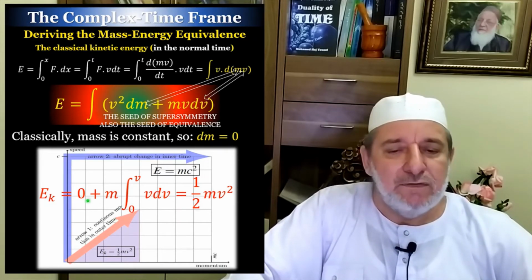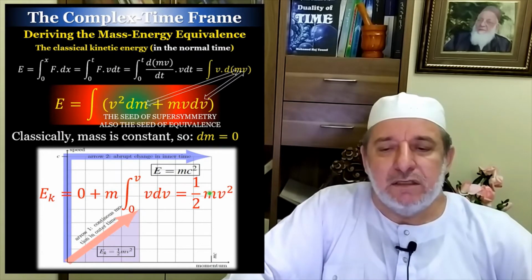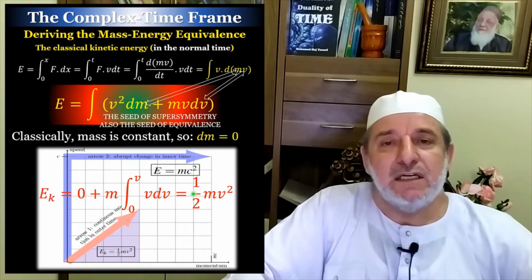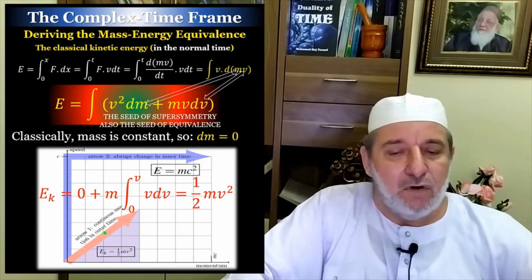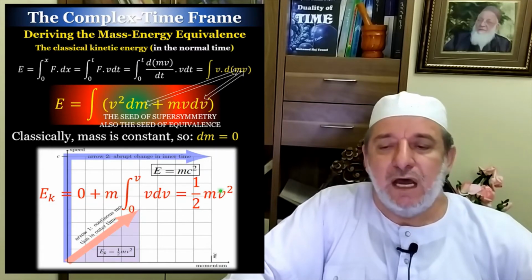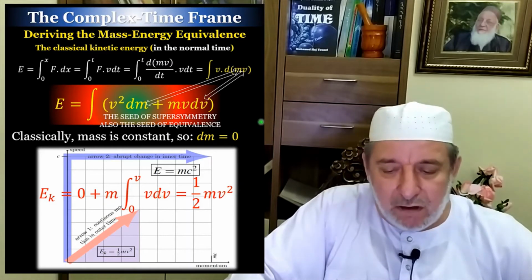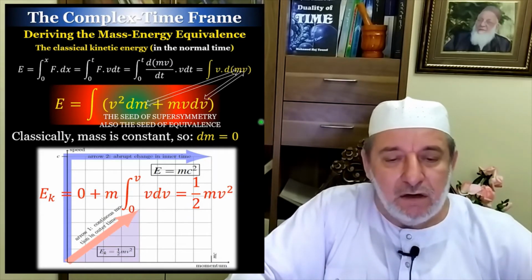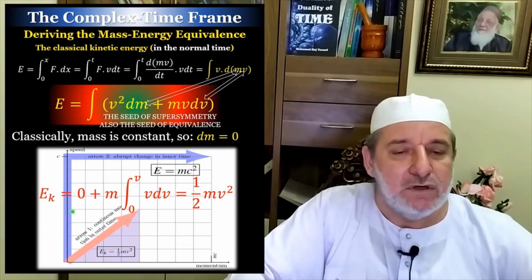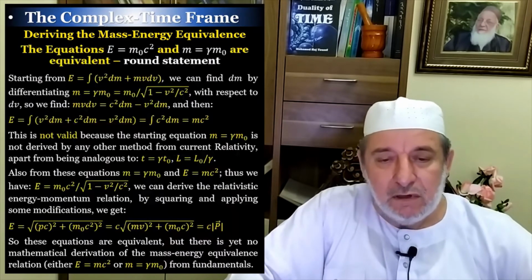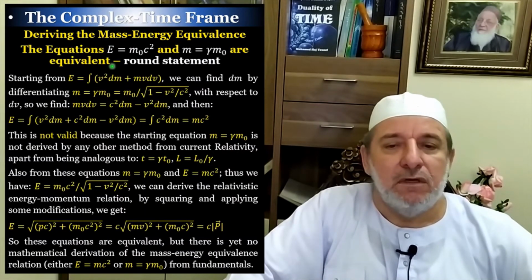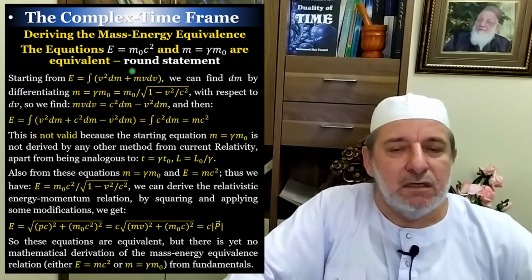Now you can integrate this. If you integrate it in the classical way, according to this arrow of time, you will get half mv squared, and therefore this is the classical equation. However, if you want now to integrate on this arrow, on this inner time, okay, same thing here, but sorry, not yet.